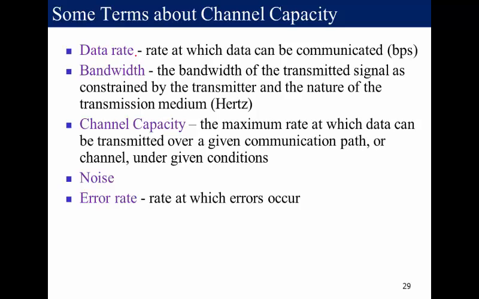First of all, data rate. Data rate is the rate at which data can be transmitted. The unit that we can use for data rate is usually bps. B for bit, not byte, per second, right?